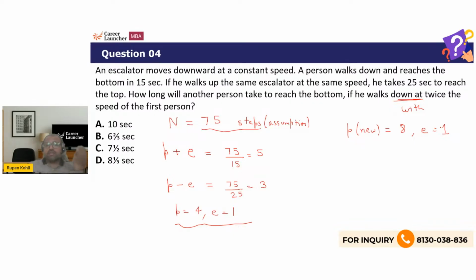So his effective speed will be p plus e, that is 8 plus 1, 9. Therefore, the time he will take will be the distance, 75 steps, divided by his speed of 9 steps per second. 75 by 9 or 25 by 3, which is 8 1/3 seconds, right?